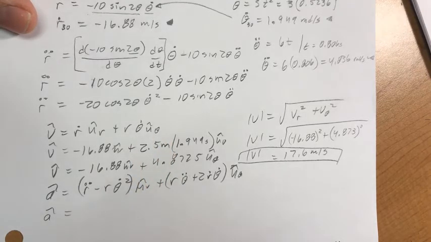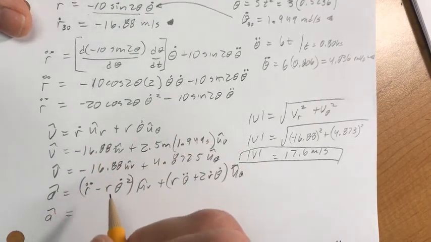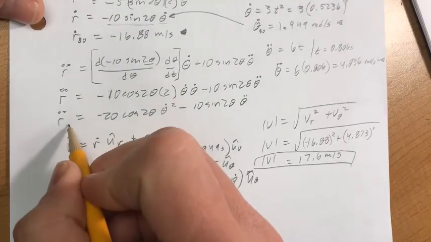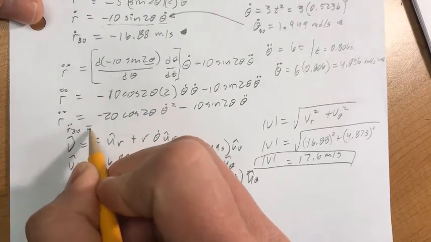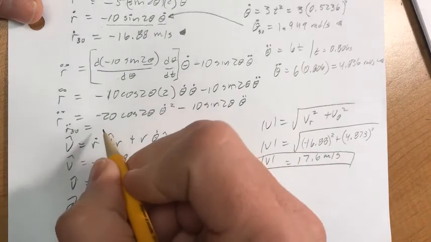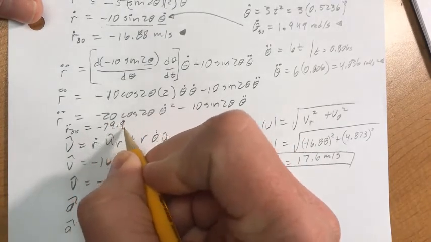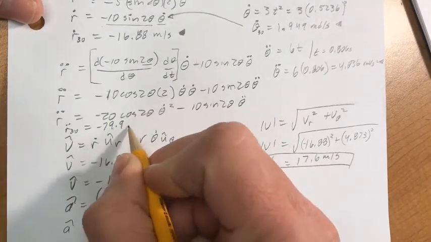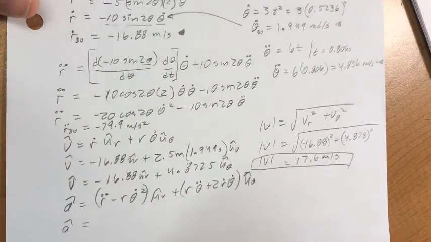My r dot dot is, I haven't found that yet, have I? Let's zip back up here. R dot dot at 30 is going to be, plug in 30 degrees, negative 79.9 meters per second squared.